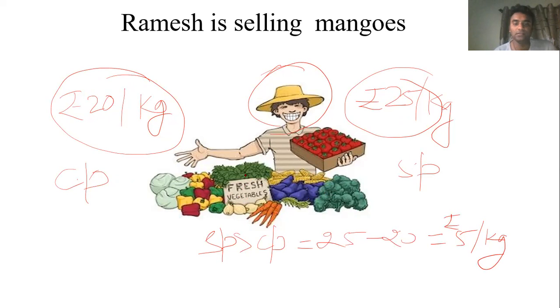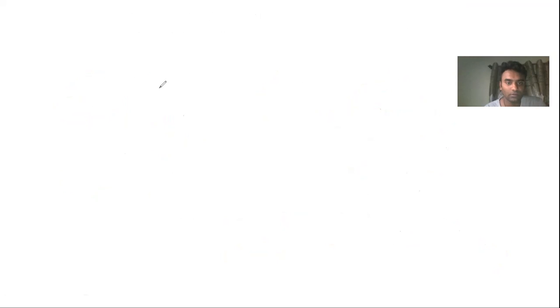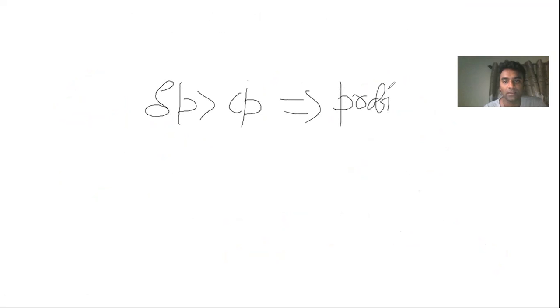Now we generalize this. Please come to the whiteboard. I'm going to share my screen with you all. Now suppose if selling price is greater than cost price, we make a profit. While if selling price is less than cost price, then there will be a loss. I hope everyone is with me.